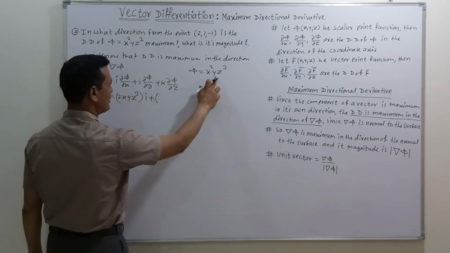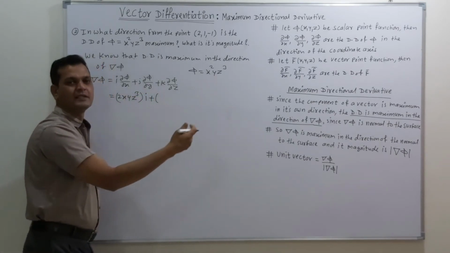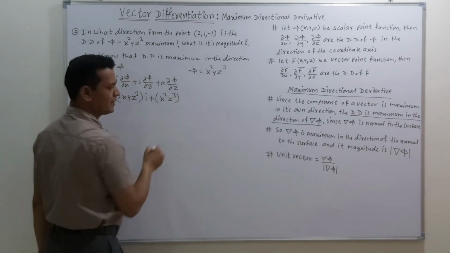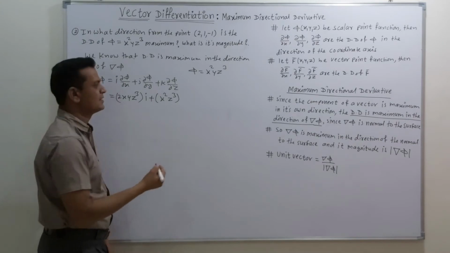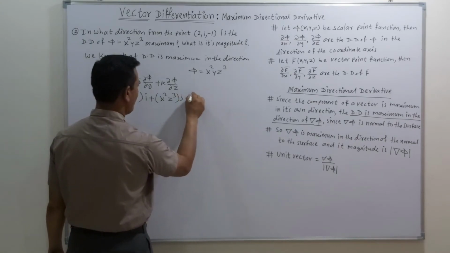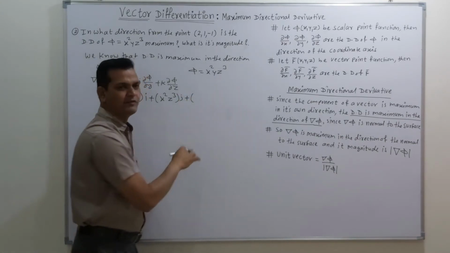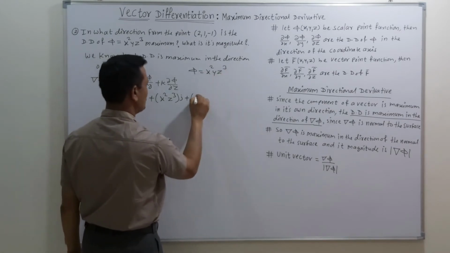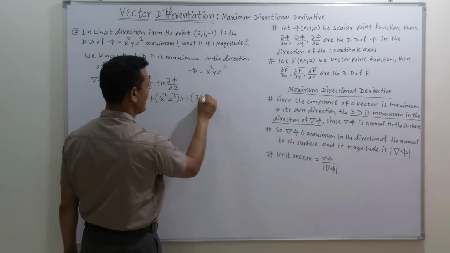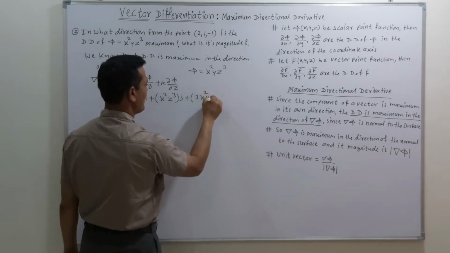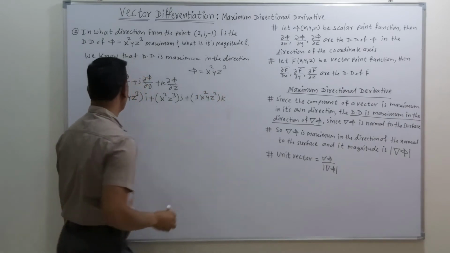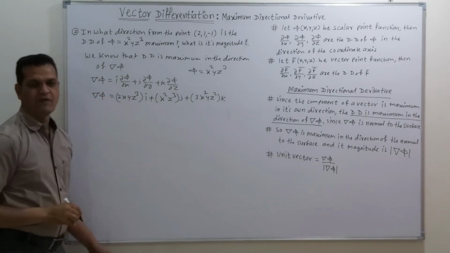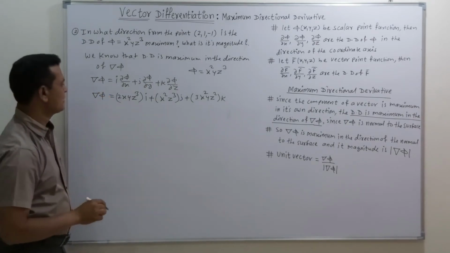Again, find out the derivative of this term with respect to y. x and z are constant, so x square and z cube as it is, derivative of y with respect to y is 1, into j, plus again find out the derivative with respect to z. x and y are constant, derivative of z cube is 3z square. We can write this as 3 x square y z square into k. So in this way we can easily find the value of del phi, which is the maximum directional derivative.